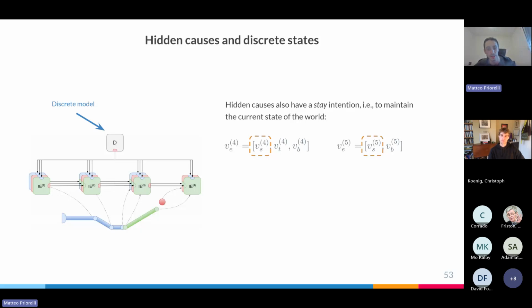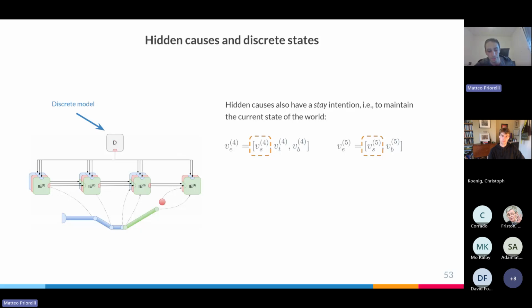So now this is another graphical representation of this model, in which I plotted here also the discrete model. We define here the hidden causes: this is the hand level, and this is the virtual level, and you see that we have the hidden causes for these intentions of the agent. I also added a third hidden cause, which represents a state intention. This is actually needed because we are now inferring not static positions, but dynamic trajectories.